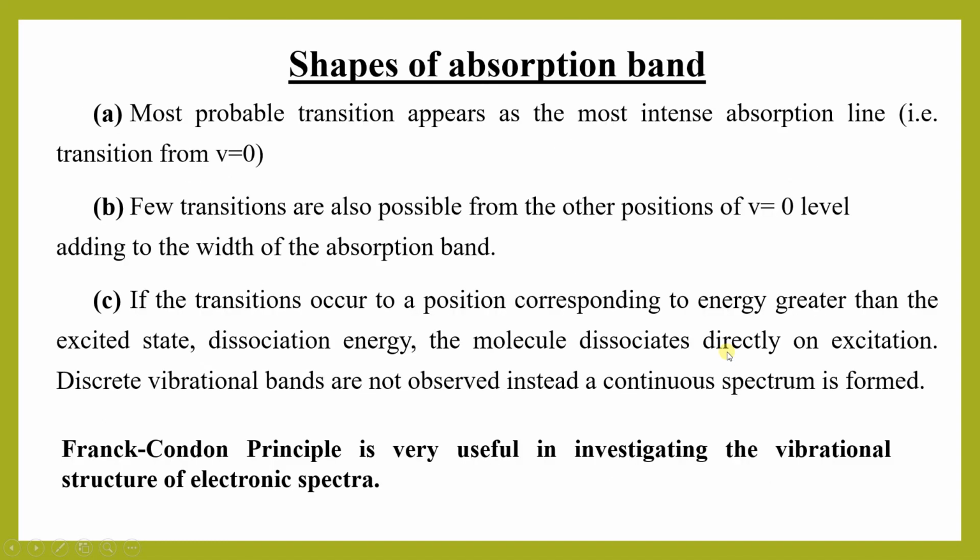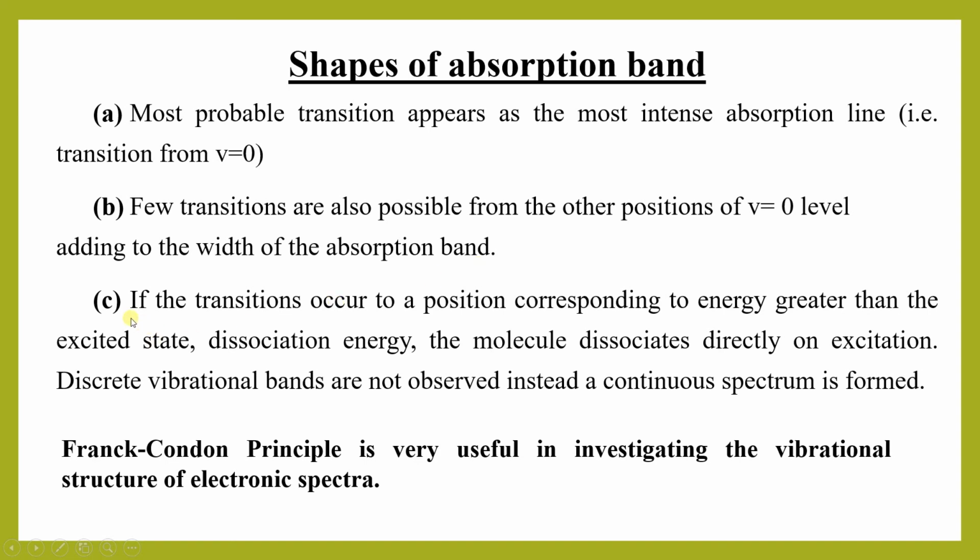So in the first diagram, the most probable transition appears as the most intense absorption line, that is the transition from V is equal to 0 to V is equal to 0. And in the second one, a few transitions are also possible from other positions of the V is equal to 0 level, adding to the width of the absorption band.